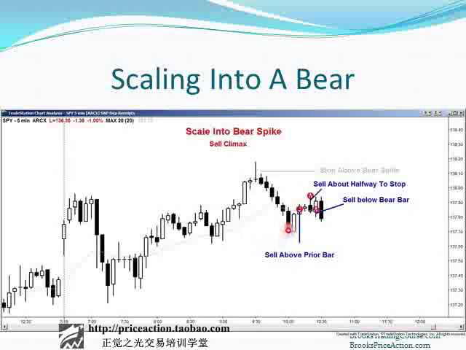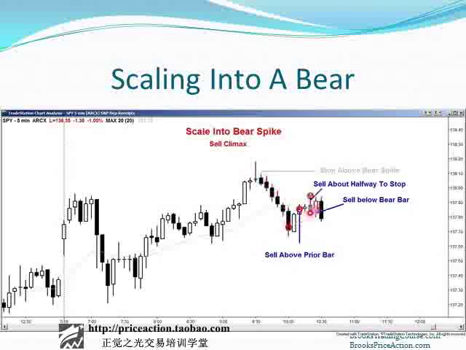So let's say a trader shorted this close, right? And they have to be willing to scale in. They're assuming that the market is always in short, so that there are sellers above, and they'll look for ways to sell. One is to sell above the high of the prior bar. So they might short, let's say they shorted above the high of this bar. Another is to sell about 50% of the retracement of the bear spike, so that's right around here.